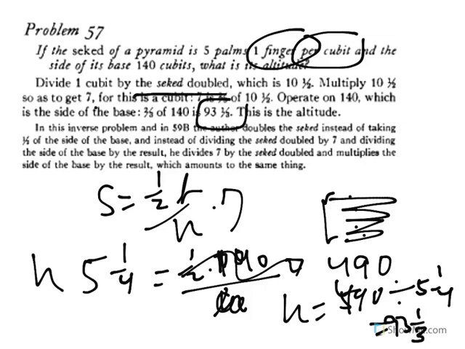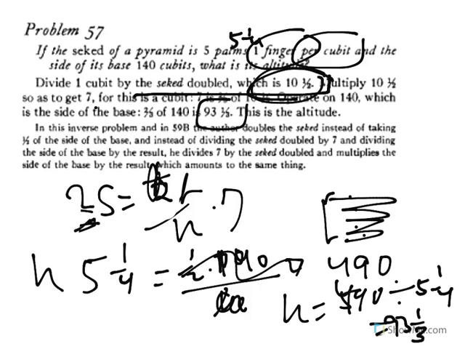You can see that they first took the second and doubled it. They basically multiplied both sides by 2 right away to get rid of that half. So you see it was 10 1/2, which does imply that this was basically saying 5 1/4. When you look at their actual calculation, their first step is to divide 1 cubit by the second doubled, which is 10 1/2.